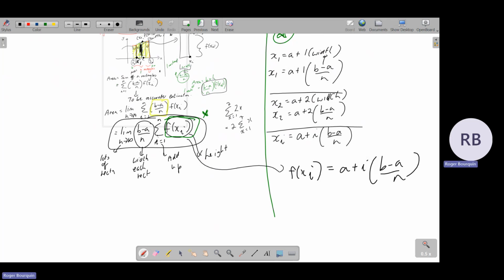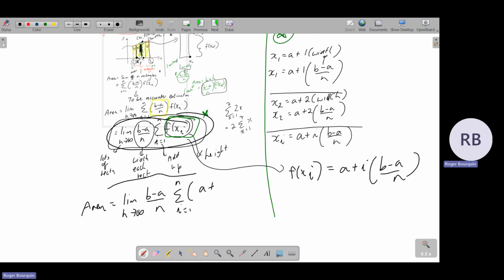This is what they give you on the formula sheet, but what you have to know is this part. So the total area will be the limit as n tends to infinity of (b minus a) over n, and what you've got to remember is that f of xi is f of a plus i lots of (b minus a) over n.